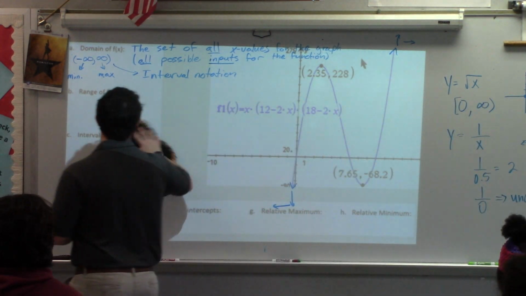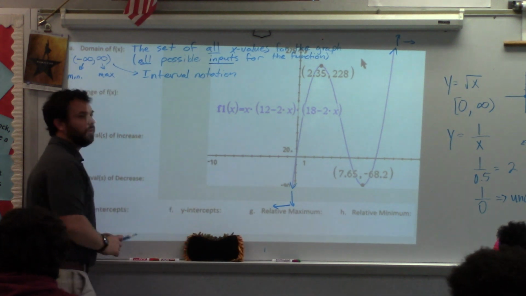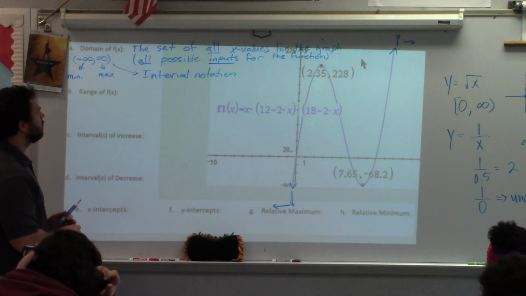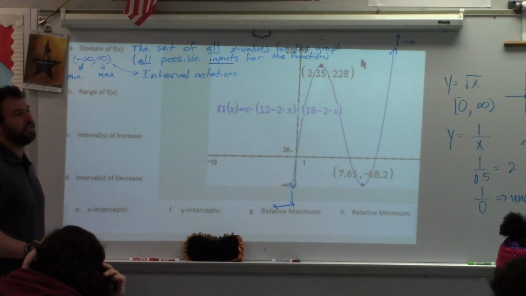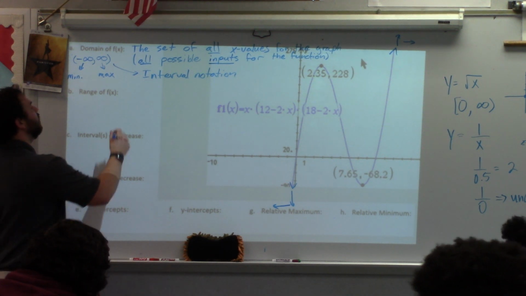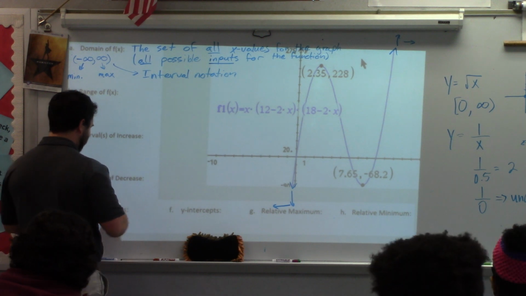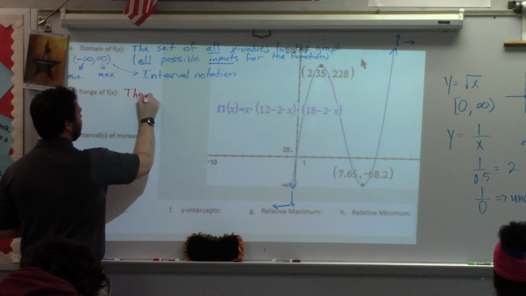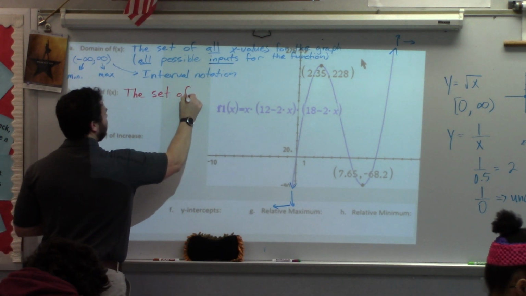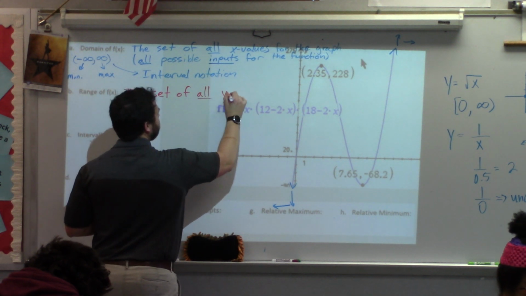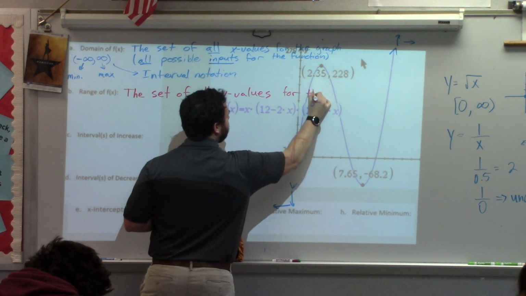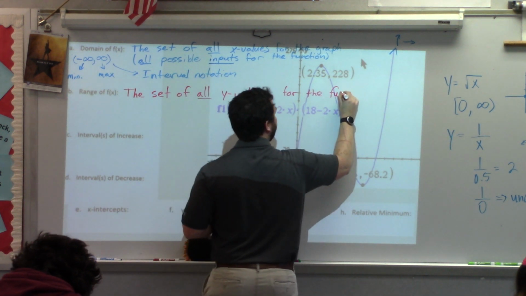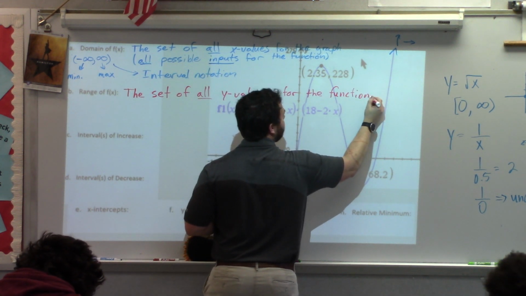Okay, range. Based on everything we just talked about with domain, what do you think the range is? Be clear. Be convincing with your understanding. The set of all y values for the graph.